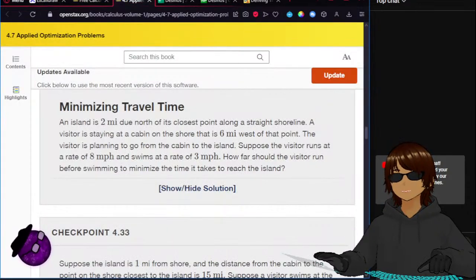The visitor is planning to go from the cabin to the island. Suppose the visitor runs at a rate of 8 miles per hour and swims at 3 miles per hour.